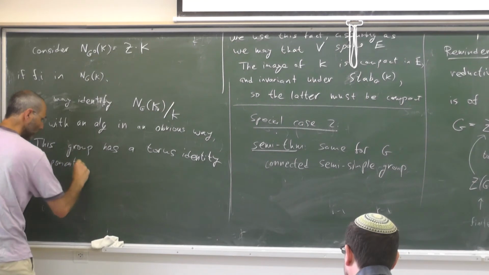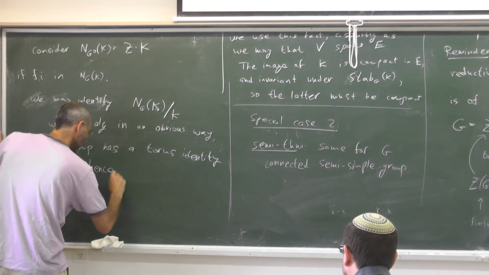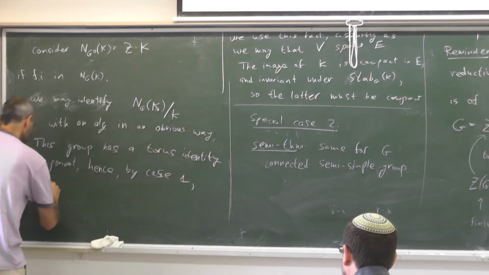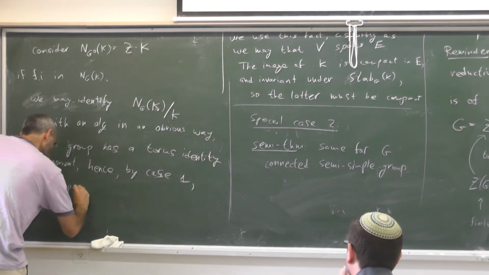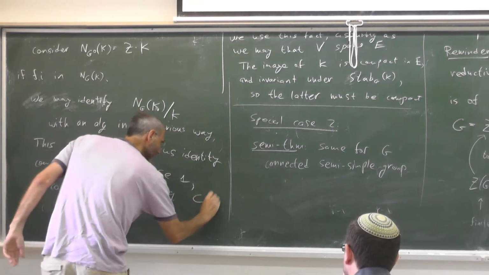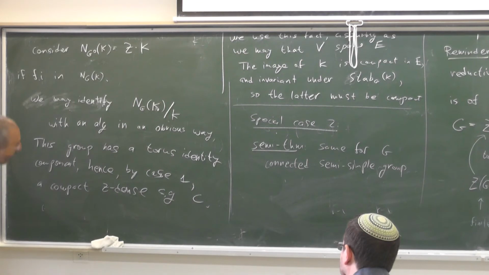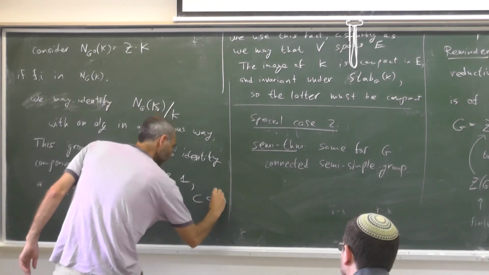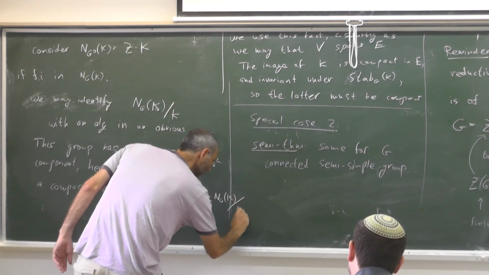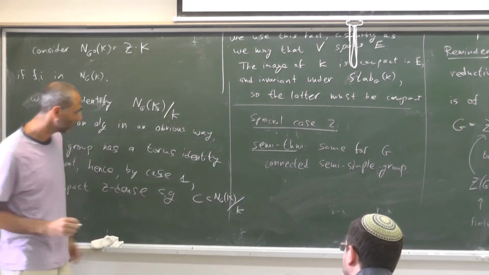It's a finite quotient of Z. Hence, by case 1, we get a compact Zariski dense subgroup C. Maybe I can phrase it in a more pedantic way, but I hope the argument is clear.